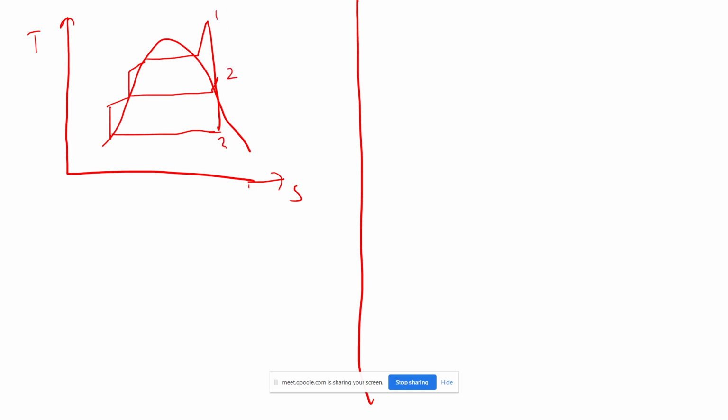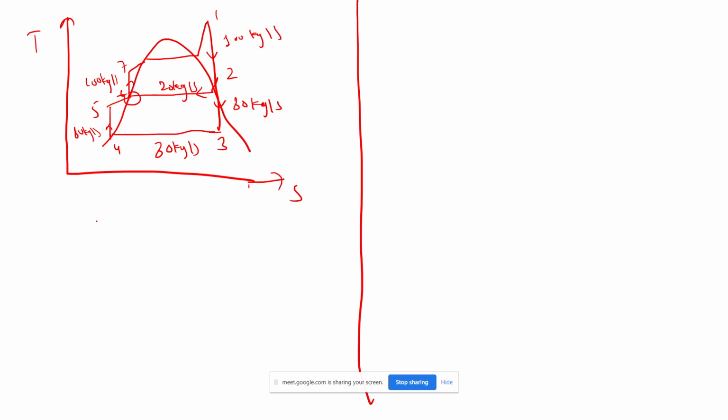One, two, three, four, five, six, seven. At the entrance they have said that 100 kg per second is entering, and then 20 kg per second they are extracting at the intermediate stage. So the remaining 80 kg per second will again expand from 2 to 3. Here also 80 kg per second. From here it will be 100 kg per second, because 80 and 20 both are entering the open feed water heater, so it will increase.